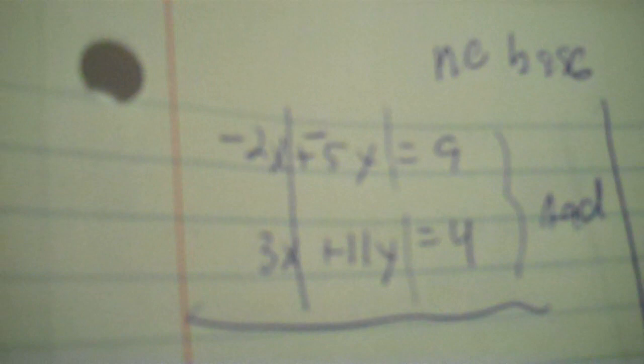Now what you're going to do is align your x's and y's into columns, okay? And you're going to add the equations together with the goal of getting either the x's or the y's to equal out to 0. So if I add negative 2 and 3, that doesn't make 0. If I add negative 5 and 11, that doesn't make 0 either.